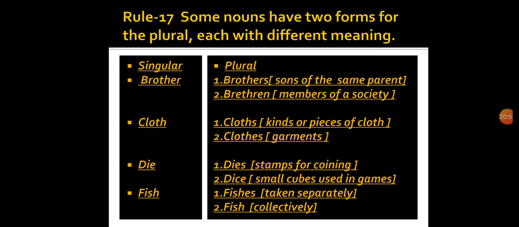It means garments. Now take another word, die. First, its plural form is dies, which means stamps for coining. Another plural of this singular is dice, which means small cubes used in games.